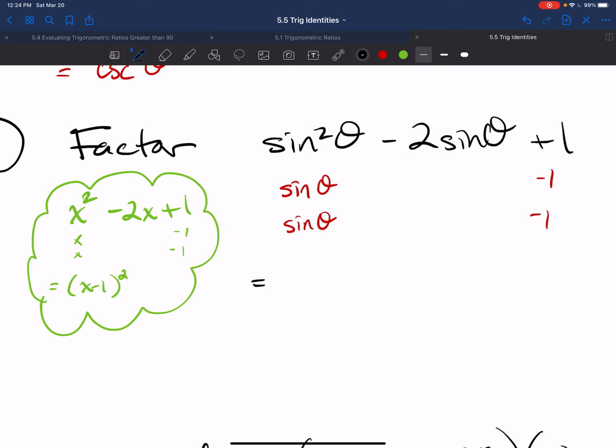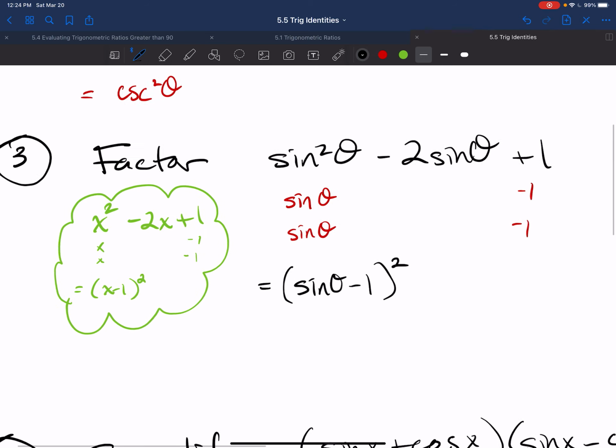So if I factor this, I get sine theta minus 1, or sine theta minus 1 squared. So how this might help me is if I was doing an identity, I might be able to cancel out a sine theta minus 1 on the top and the bottom, just to simplify it.